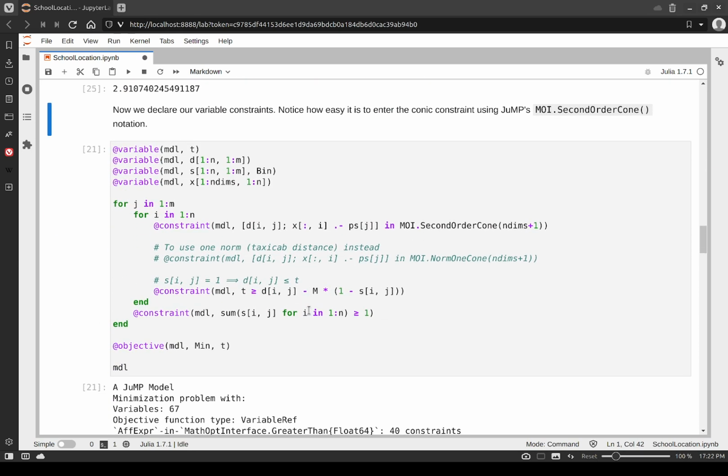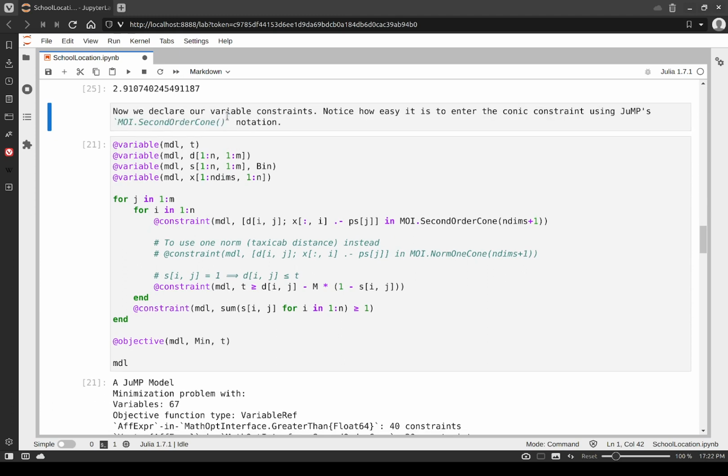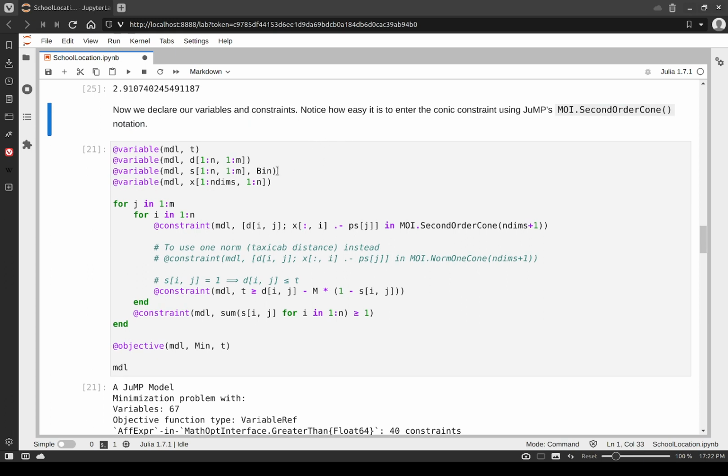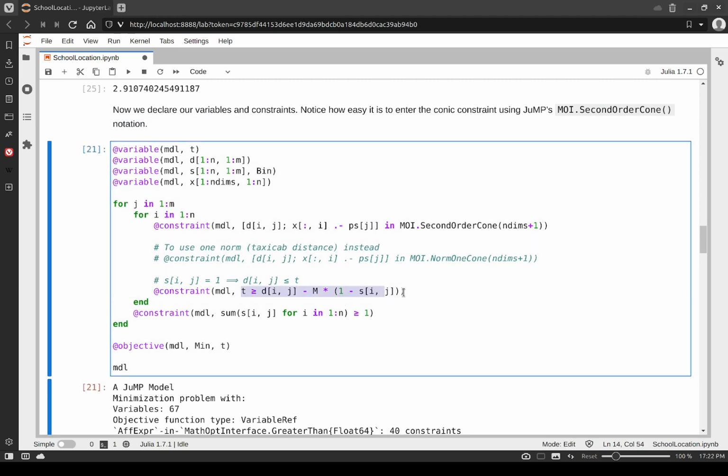The next thing we're going to do is put in our variables and constraints. Let me fix that typo for you. What's really nice about this is that you basically are just typing in the mathematical notation. This is very, very similar to what we wrote above, as are these sums, the names of the variables, and the notation for their dimensions. This is the beauty of the JuMP language.